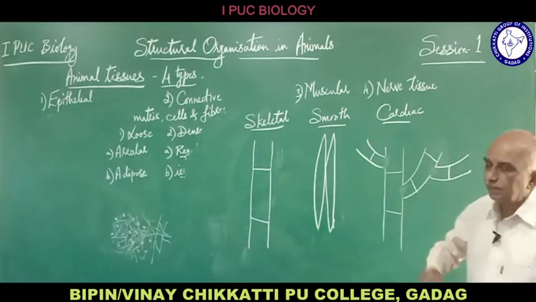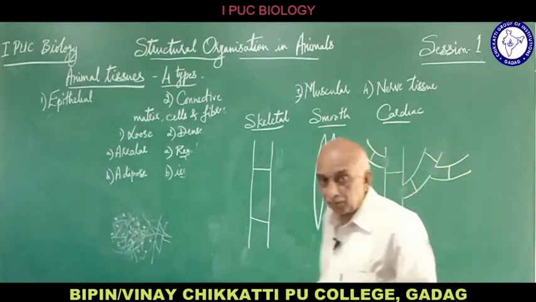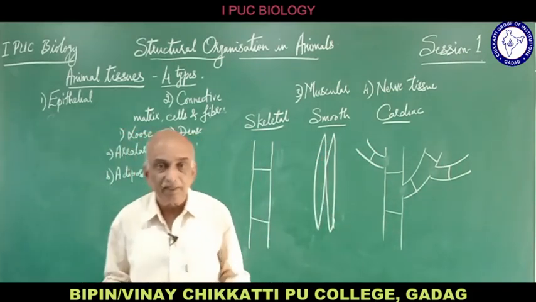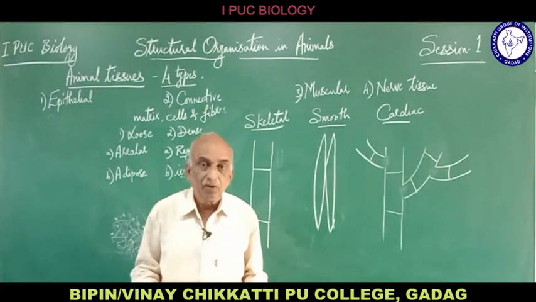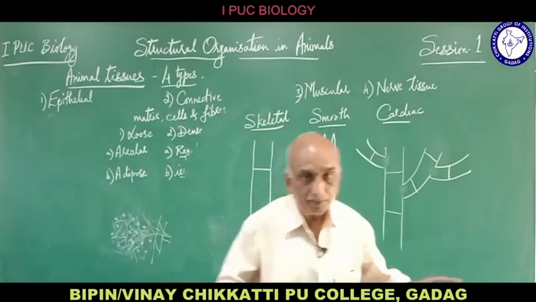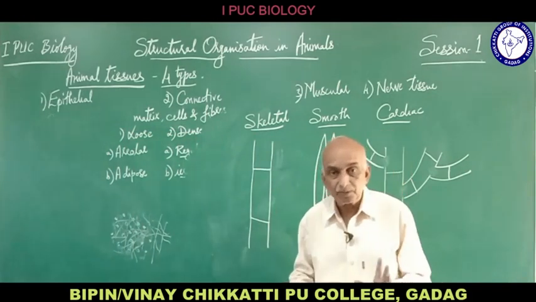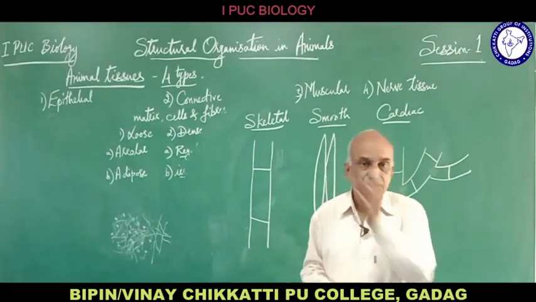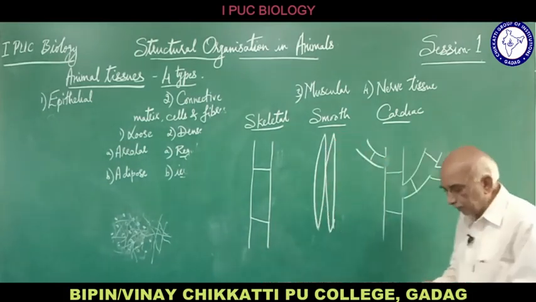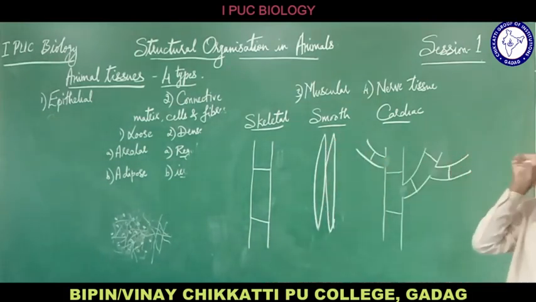So these muscles are the cause for our body movements. We are walking, running, or even simply sitting or standing, when we are moving the body parts, it is because of the working of the muscles. Whenever we are moving any part of the body, it is because of the muscles.